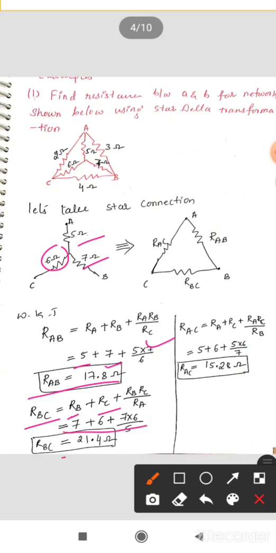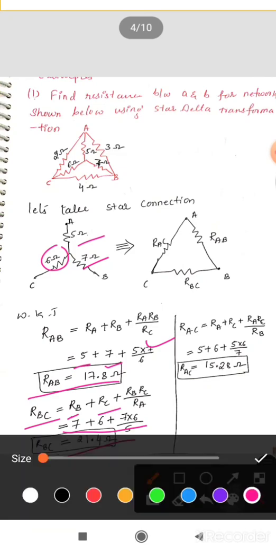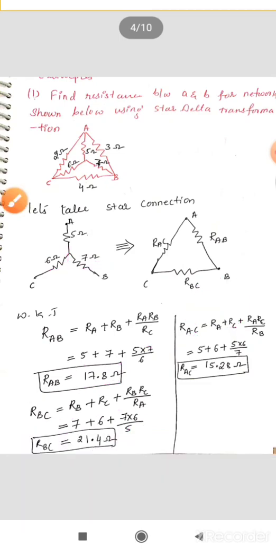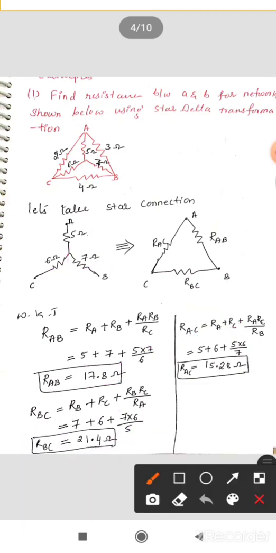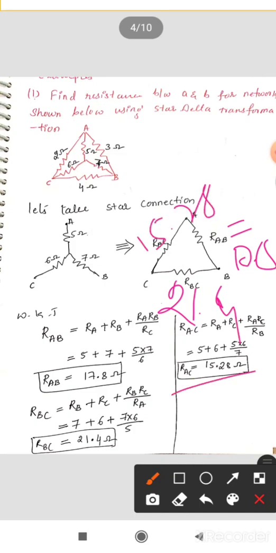Similarly, substitute the values, you get 21.4 ohms. In the same way, you can calculate RAC as well. Once you have all the values, substitute them. RAB is 17.8, RBC is 21.4, and RAC is 15.28 ohms.